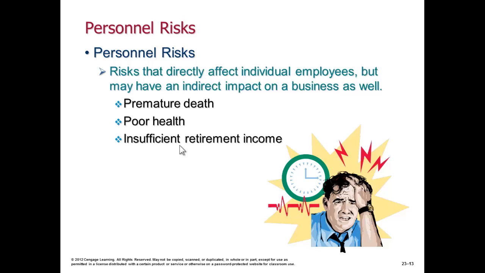And sometimes that happens. In today's world, we've done a pretty good job of staying on top of that, and many companies now, particularly larger companies that have retirement programs, do a good job of not only defining what retirement income an employee will have, but preserving the funds that are set aside for that retirement income.